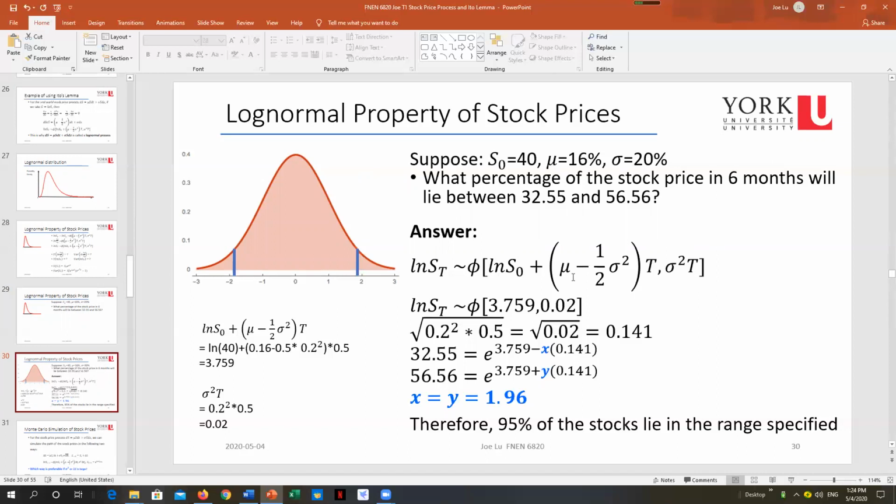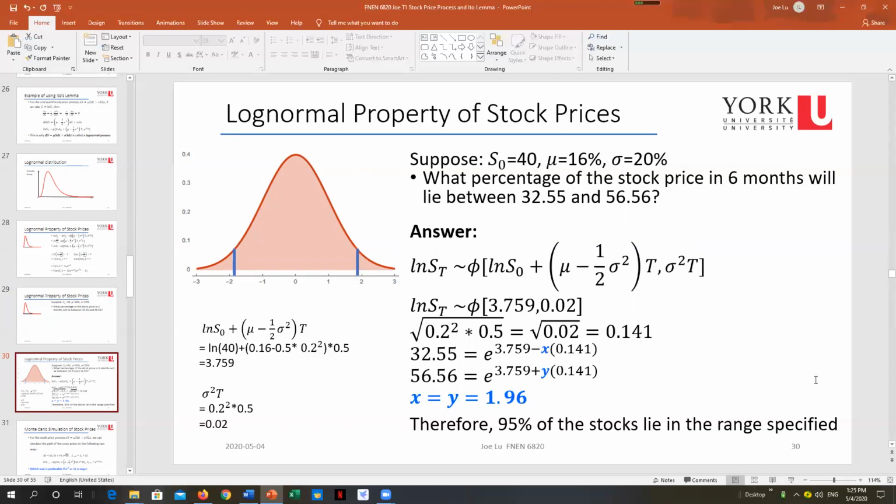And from this normal distribution, by plugging in the numbers, log 40 is this log S naught, plus this part will give you 3.759. And this sigma squared T will give you 0.02.